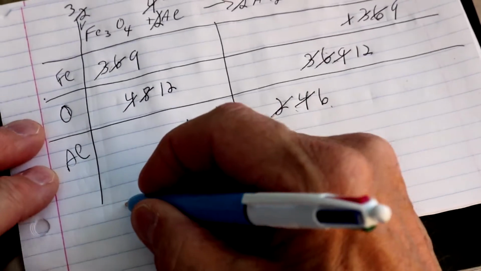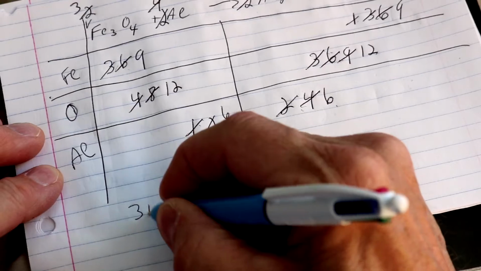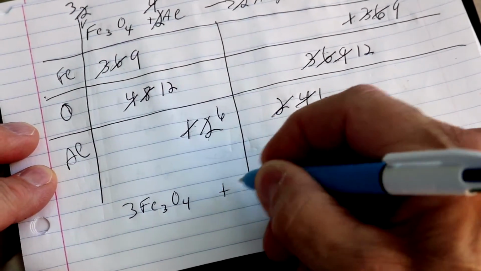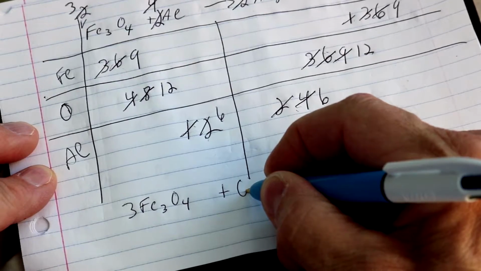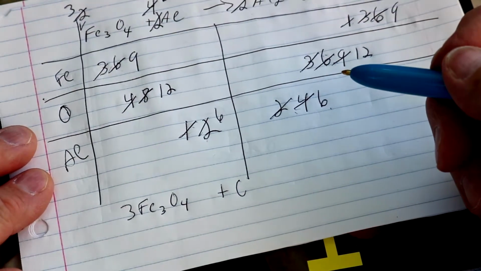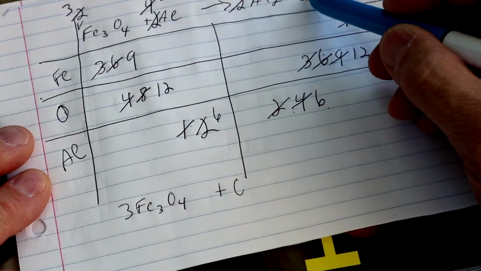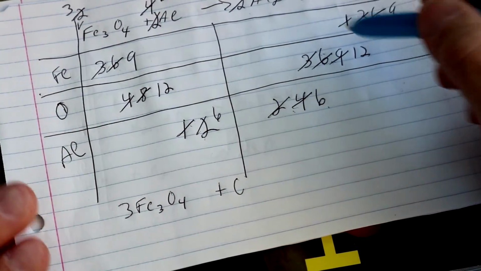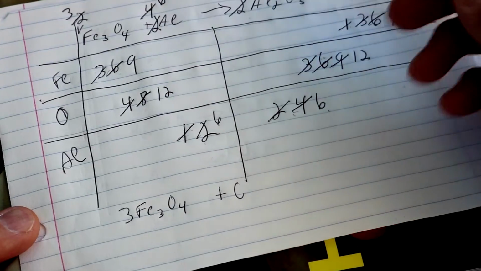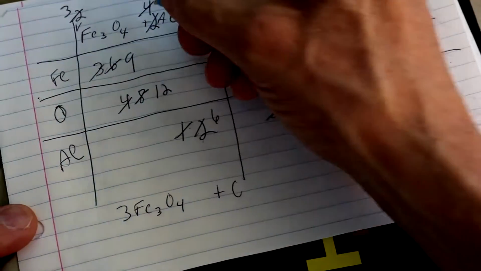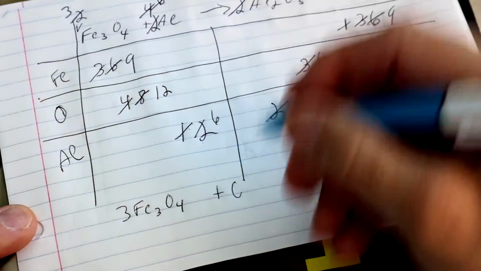So the correct answer, let's rewrite this, is 3 Fe3O4 plus, oh, hold on, no, we're not done yet, because look at these aluminums here. We have 4 times 2, that we forgot to change, I forgot to change that to an 8. So we have 8 of these. So now we have to have 8 of these.